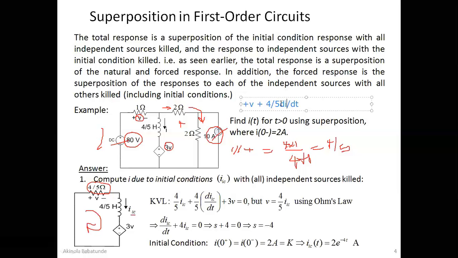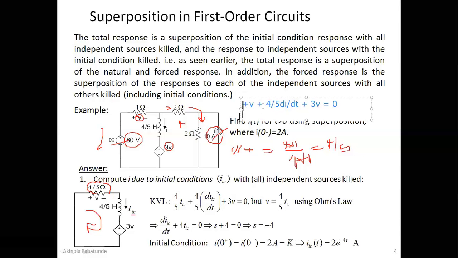So we have 4 over 5 representing the L, the i dt, which is the voltage across the inductor. Then plus 3V would be the next voltage that we would have. If you add everything together, it should give us 0. That's the way this is expected to operate under normal circumstances. So you see we have plus V plus 4 over 5 the i dt plus 3V equals 0.